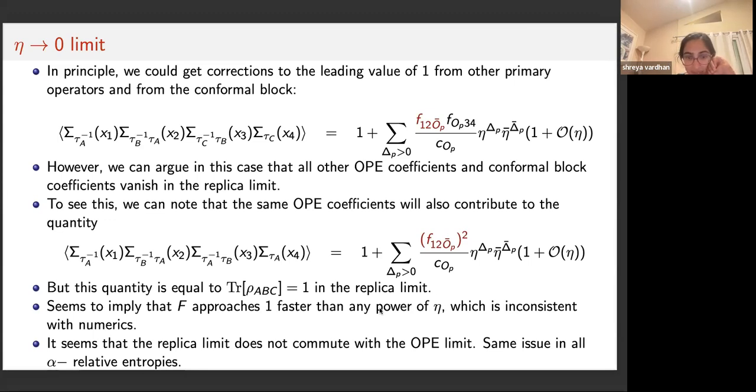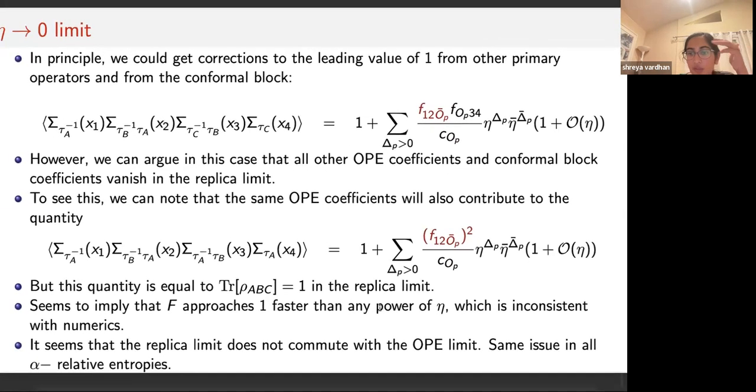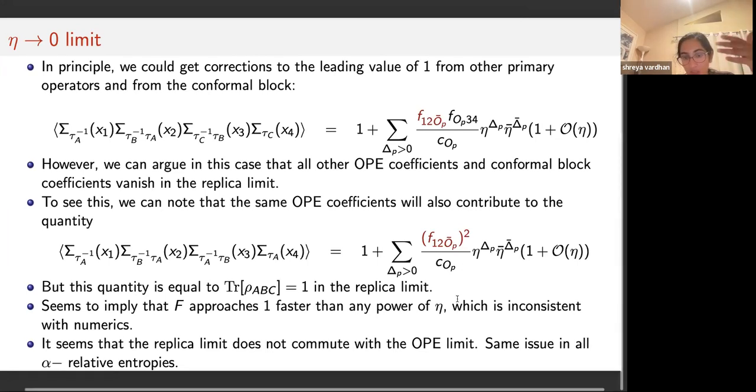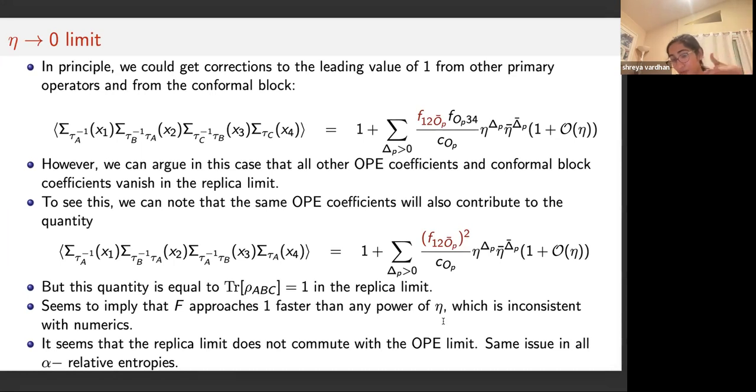So it seems that somehow, in this argument, we are first taking the OPE limit and then taking the replica limit. And we seem to see that all the OPE coefficients go to 0. But maybe if we first were able to somehow take the replica limit in the full expression and then expand it for small eta, we would not see this behavior.